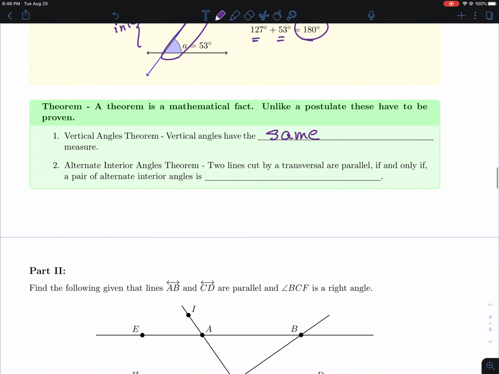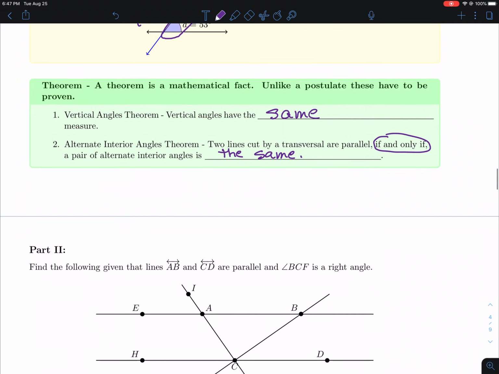Here, it's saying that you could go back and forth. Two lines cut by a transversal are parallel if and only if a pair of alternate interior angles is the same. In math, when you see an if and only if statement, what that means is you can read this theorem forwards and backwards.